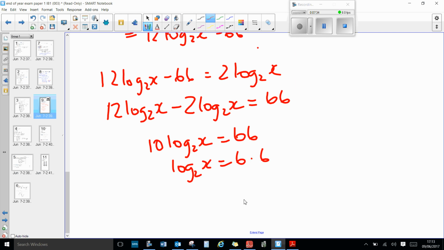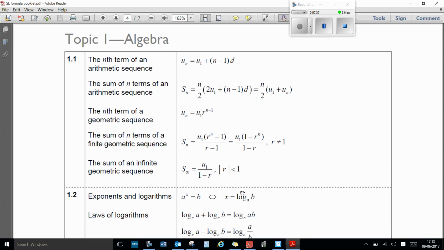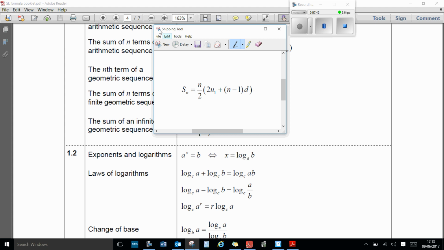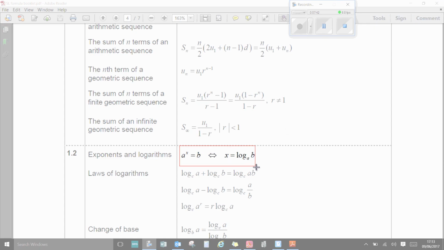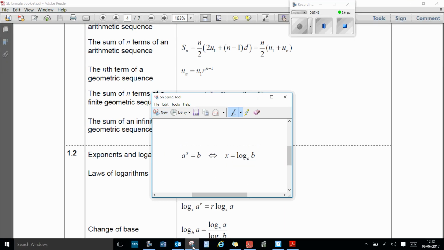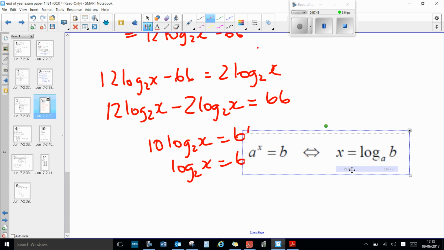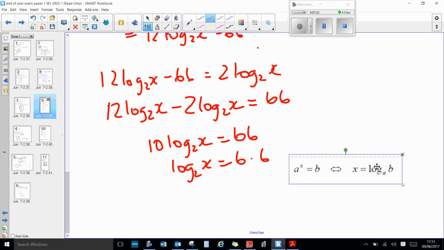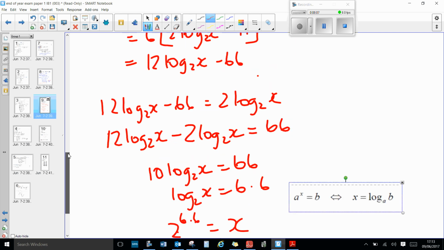And then using this rule here, changing from log form to power form. Okay, so I have this format, and I want this format. So my base is a, so this is 2 to the power 6.6 equals x. So x is equal to 2 to the power 6.6.